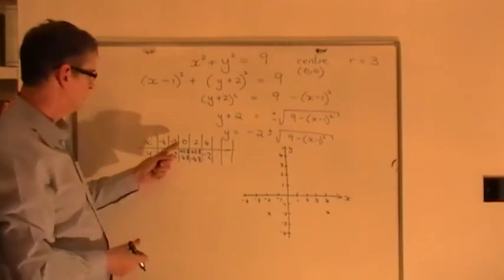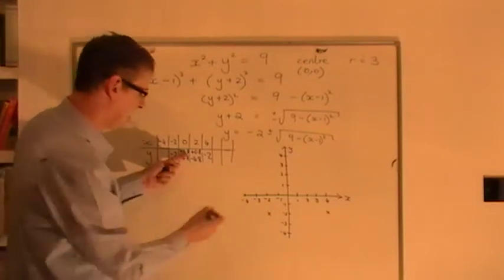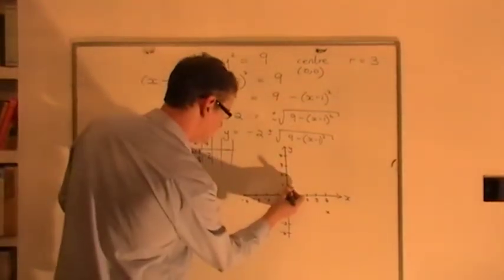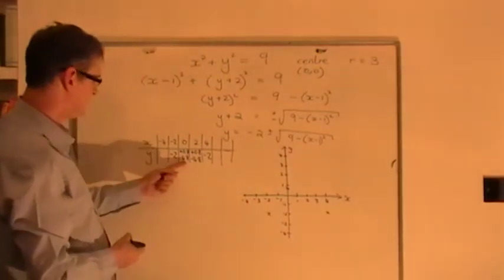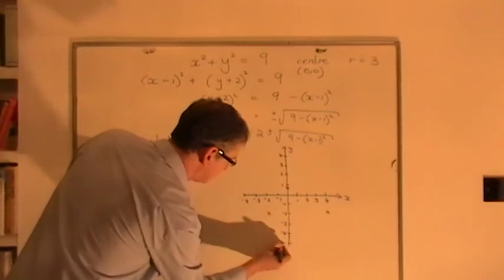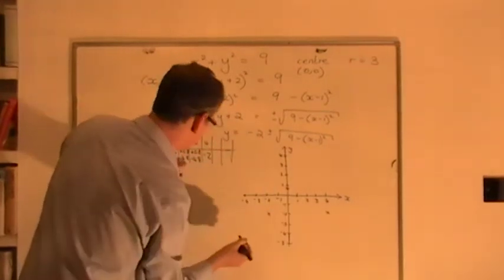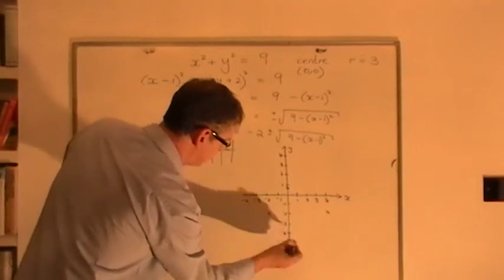Okay, next. If x is 0, you're going to get a positive 0.8, which is there. And if x is 0, you also get minus 4.8. Well, I need to extend this on a little bit to go to minus 5. So if x is 0, you also get minus 4.8, which is down there.